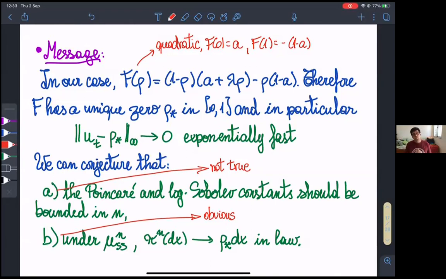Okay, so at first glance we can conjecture two things about our reaction diffusion model, our interacting particle system.